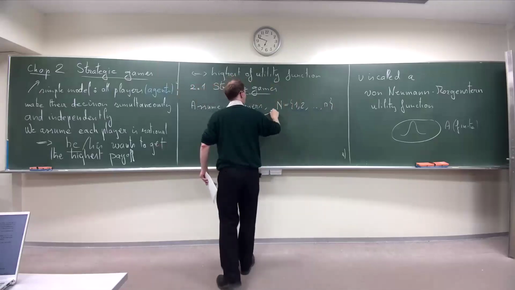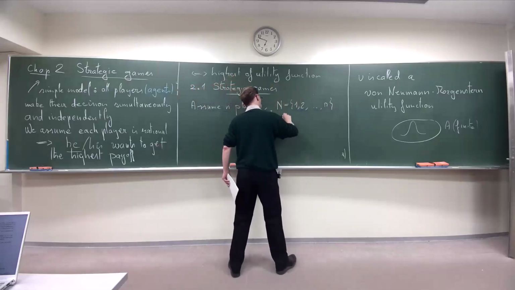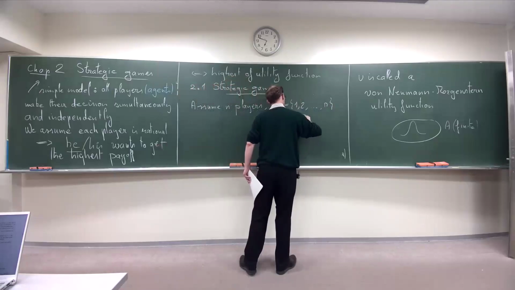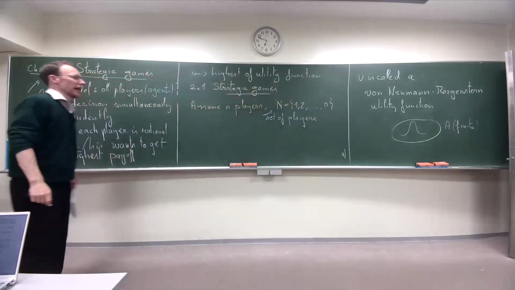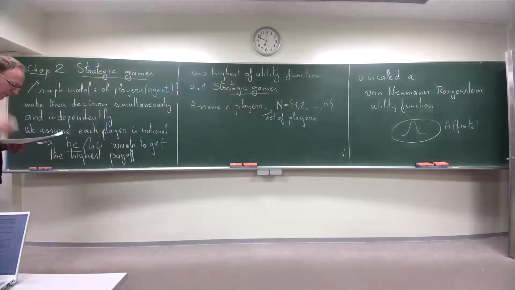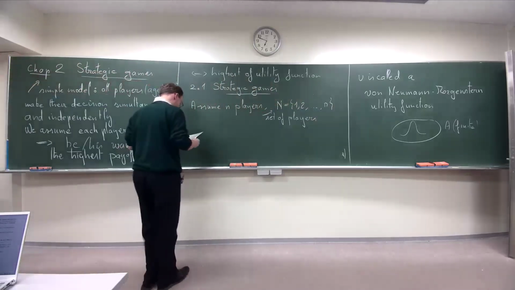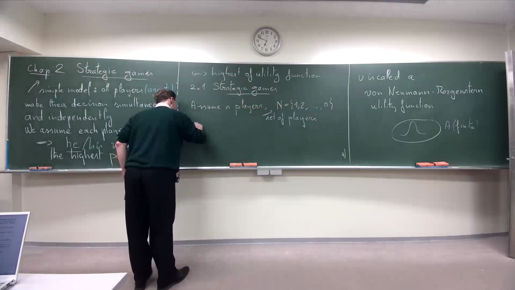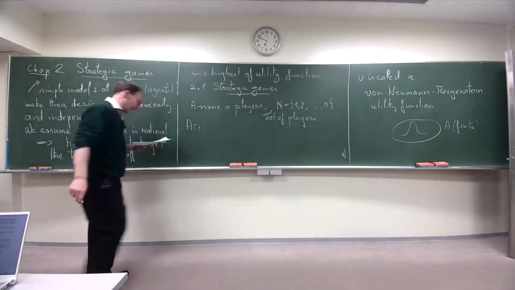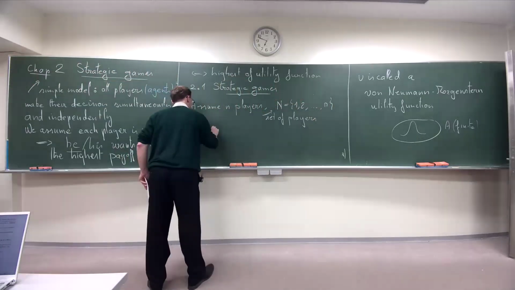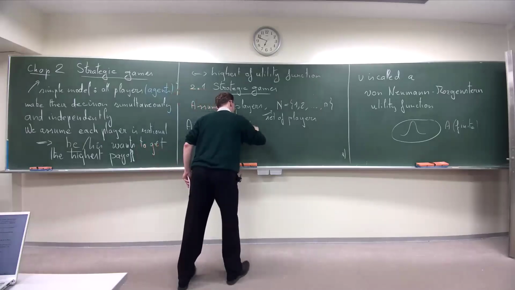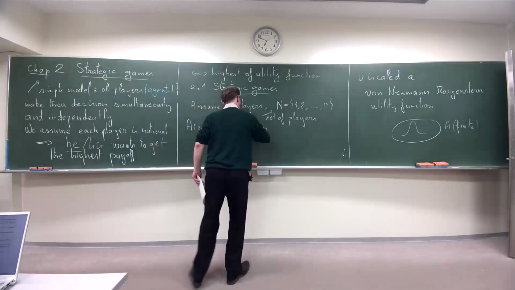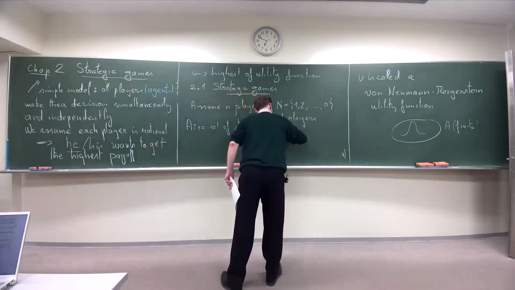This is the set of players. So I give just the names 1, 2, 3, up to n to these n players. I don't give them a precise name. And A_i is going to be the set of strategies of player i.